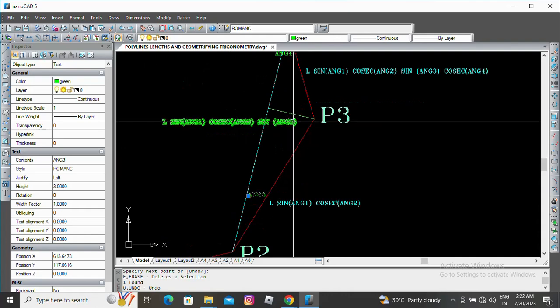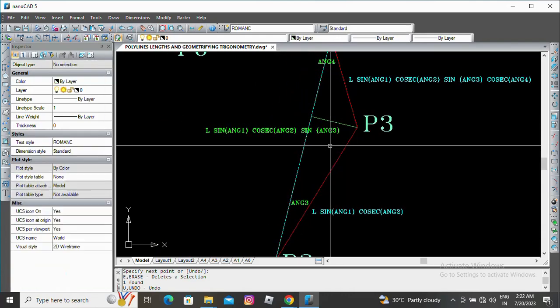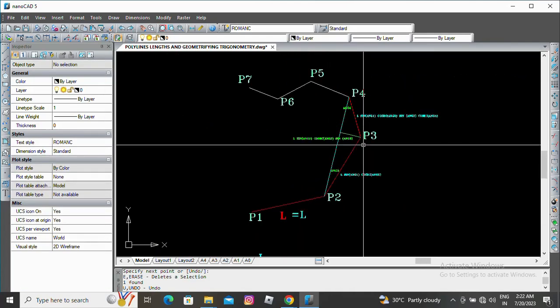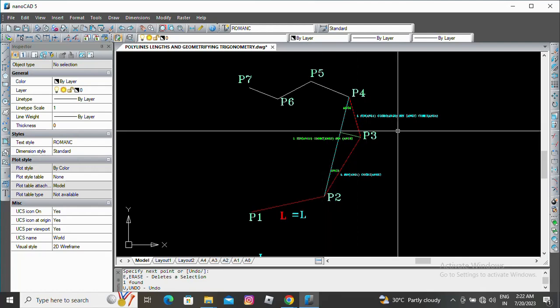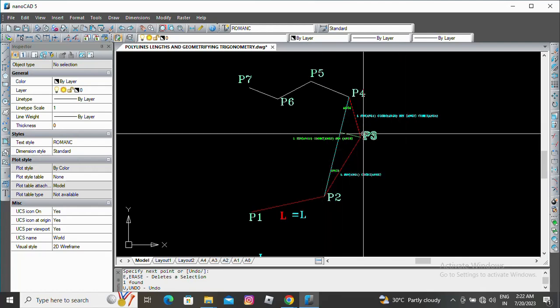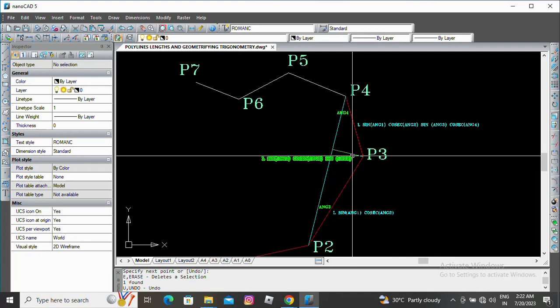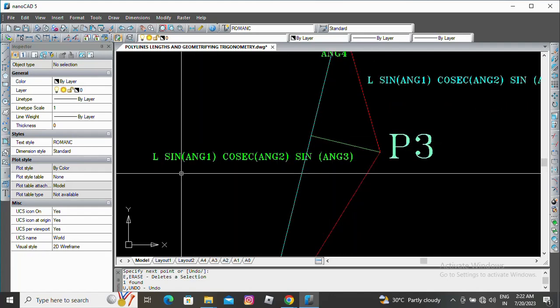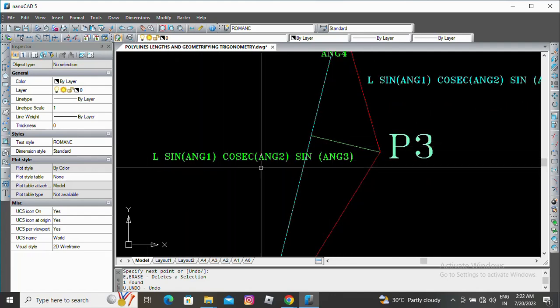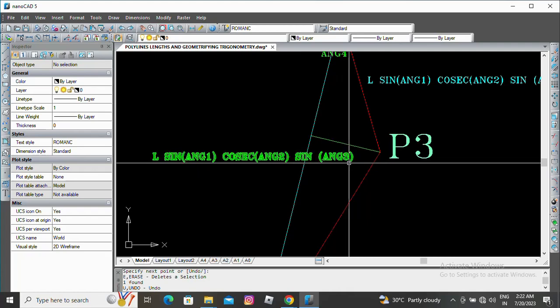In a similar way, we can take the symmetry here also, and if we don't take the symmetry, let it remain like this. In that case also, this green line segment will have the length L sine angle 1 cosec angle 2 into sine angle 3.